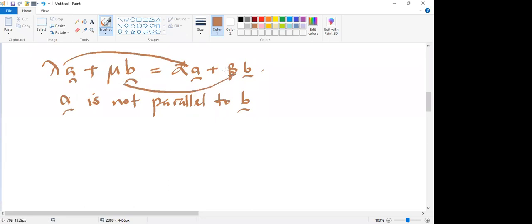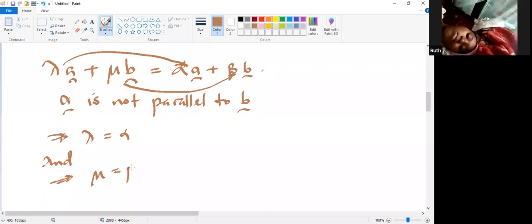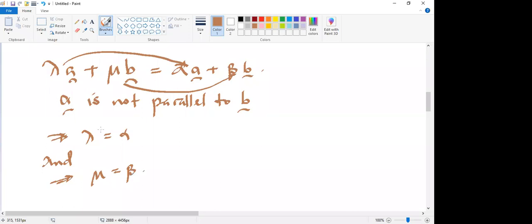So the components of A are equal, the components of B are equal. And that gives us the fact that lambda A is alpha A, meaning lambda and alpha are equal. And the B's are also equal, implying that mu and beta are also equal.